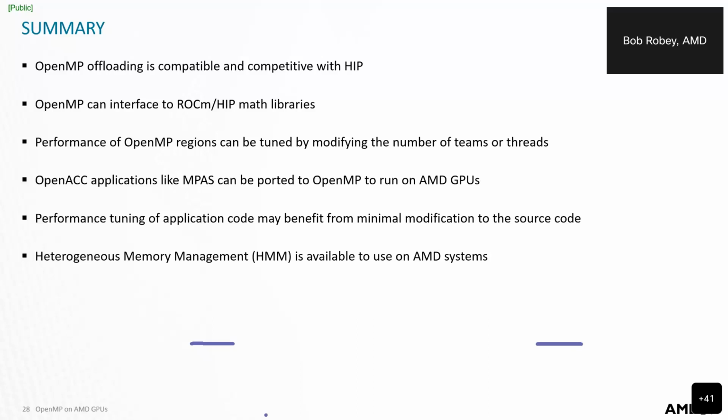The example here of the MPAS code shows how you can mix OpenACC and OpenMP in a source code and use whichever one is more appropriate for the system you're running on. With some of the compilers, you can also have part of the code in OpenACC and part in OpenMP and do a gradual conversion if you like.